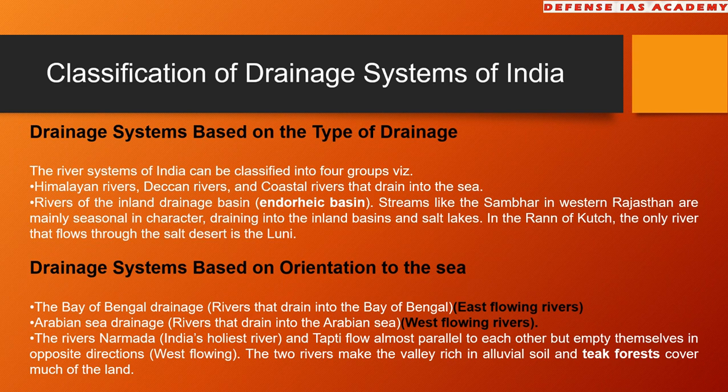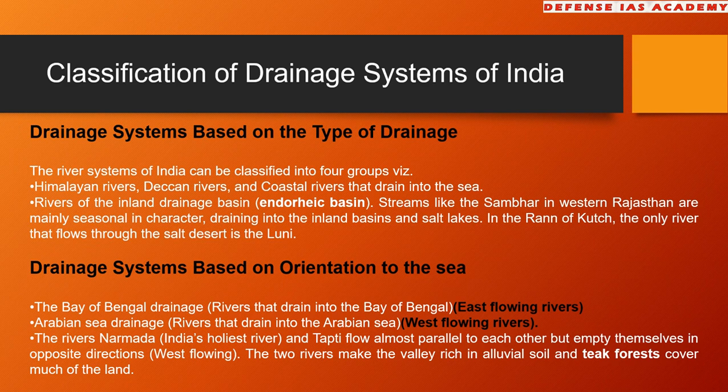So all these rivers have an inland drainage basin. Depending upon the drainage, there are four classifications: the Himalayan rivers, Deccan rivers, coastal rivers that drain into the sea, and inland drainage basin rivers. Next is the classification depending upon the orientation to the sea, which is either east flowing or west flowing.